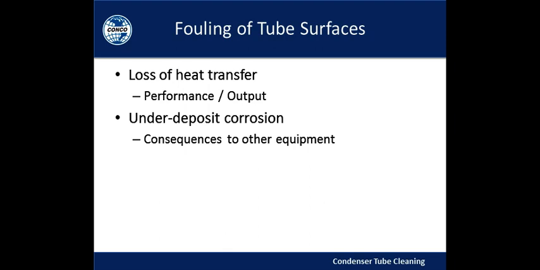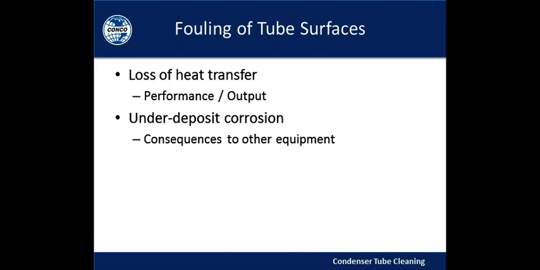So, let's focus on cleaning and fouling of heat transfer surfaces. What happens? Well, there's a loss of performance and potential output. If the tubes are fouled, the heat's not transferred efficiently. Subsequently, the back pressure may rise, and the cooling process is slowed down.